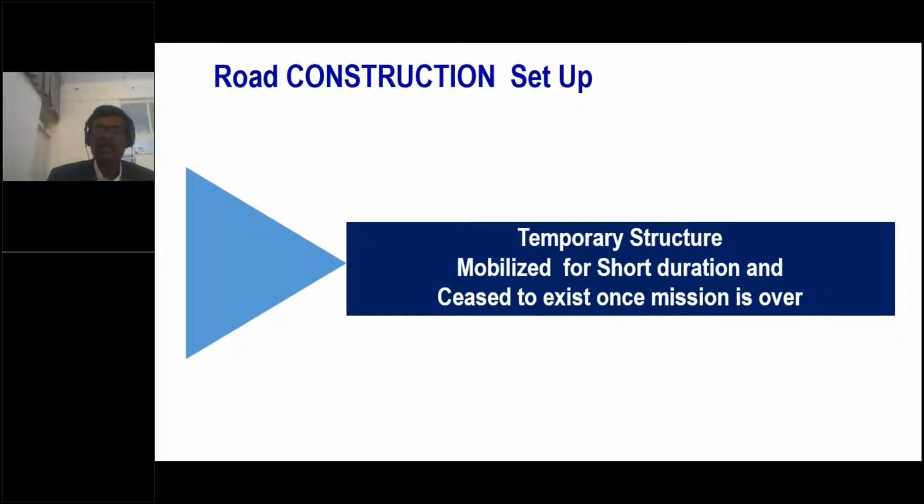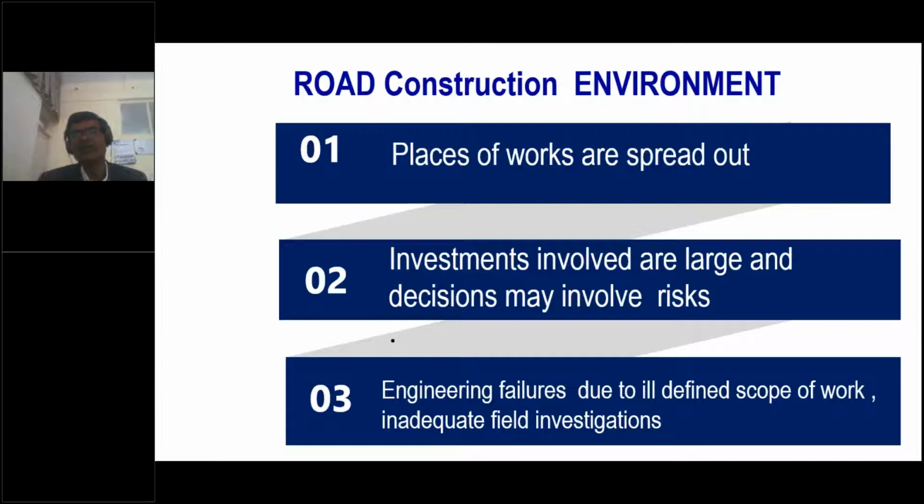Now let us look at the road construction environment within the civil engineering construction environment. Unlike a building infrastructure site, where maybe the construction site is 5 acres or 10 acres, where we have the project management setup, the GM sits there, the DGM sits there, the manager sits there, the workforce quarters will be there, the site engineers will be there, the workshop, the concrete plant, the material stockyard, everything is in place.